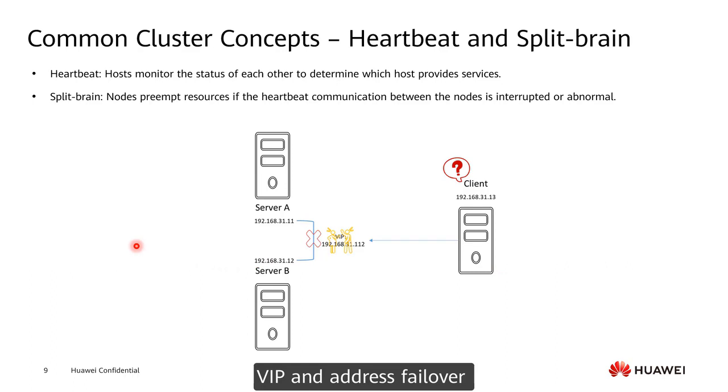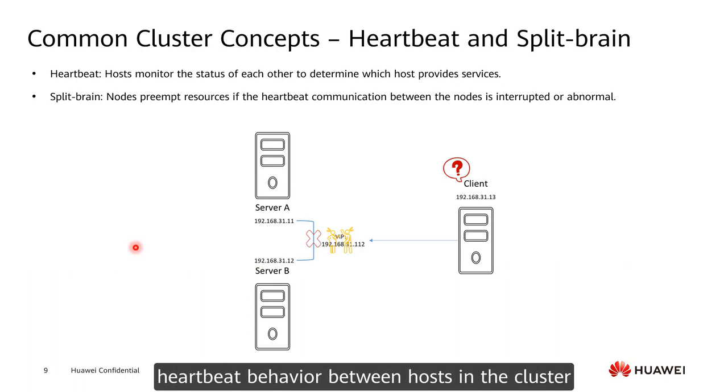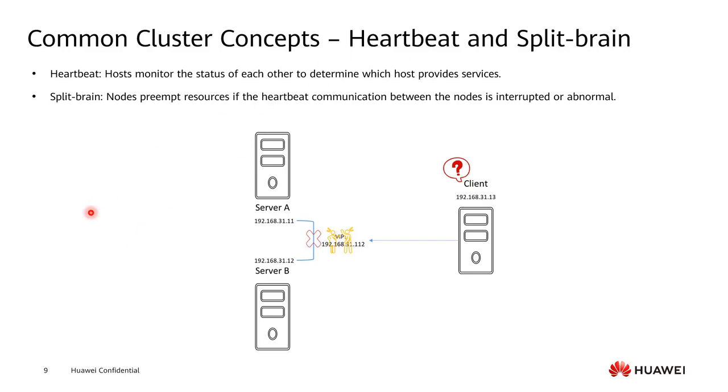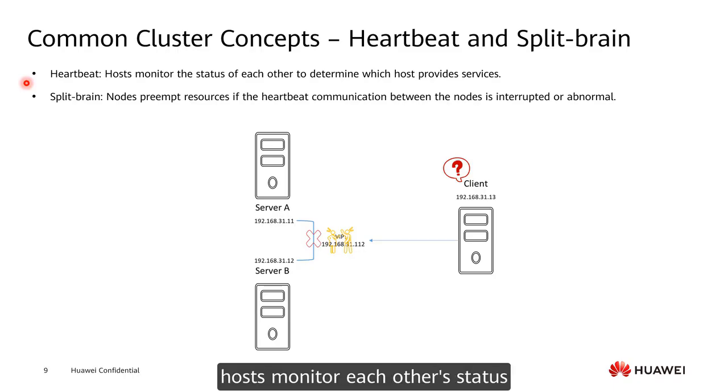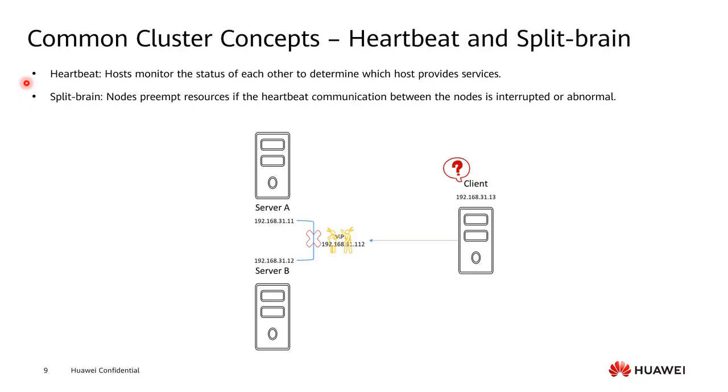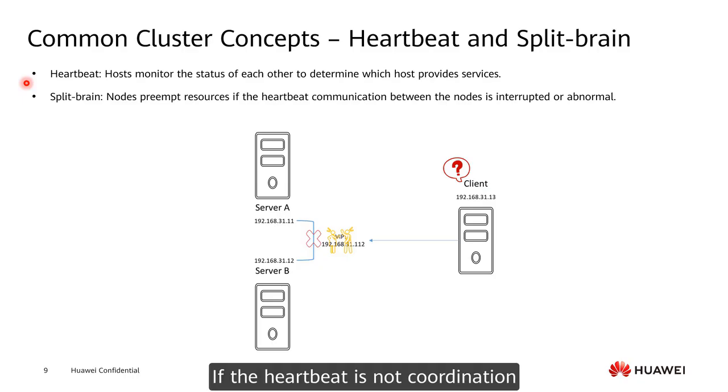VIP and address failover can be implemented because of the heartbeat between hosts in the cluster. Heartbeat means that hosts monitor each other's status to determine which host runs the VIP and provides services. If the heartbeat is not coordinated, split brain may occur.